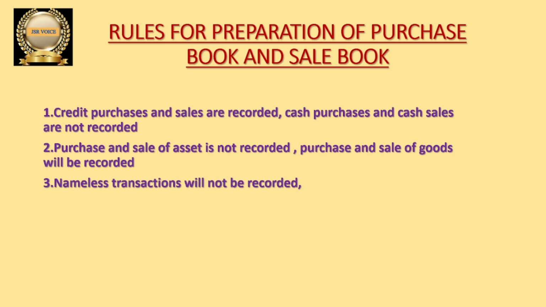So that should not be taken into account and we are not going to record that nameless transaction. Okay. If you want to learn how to prepare the purchase book and sales book, these 3 points are a must to remember. Then it will become an easy task for you all to learn. Let us go and discuss now.